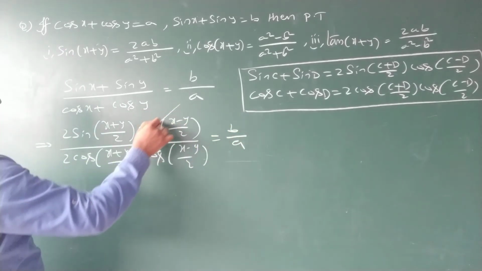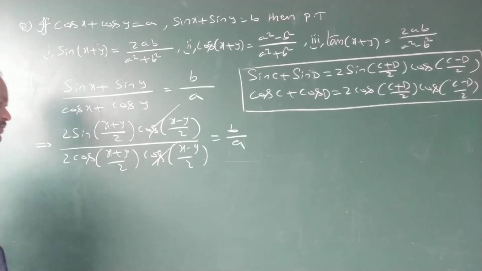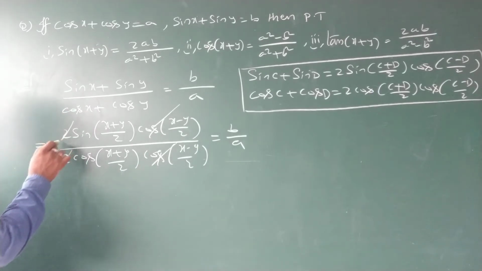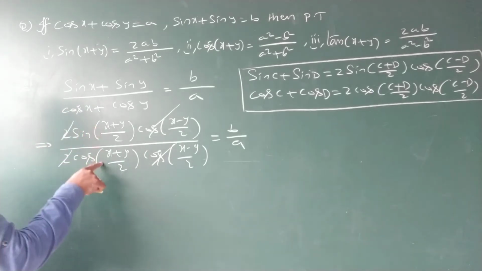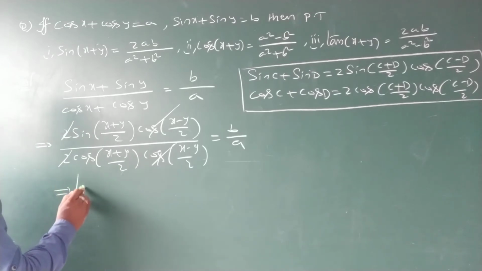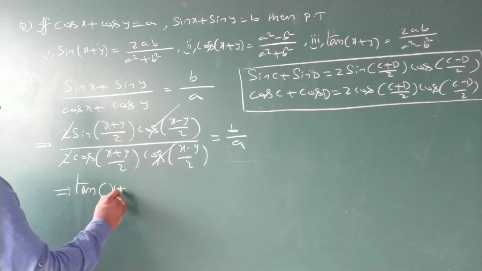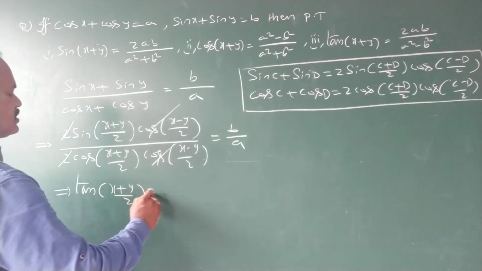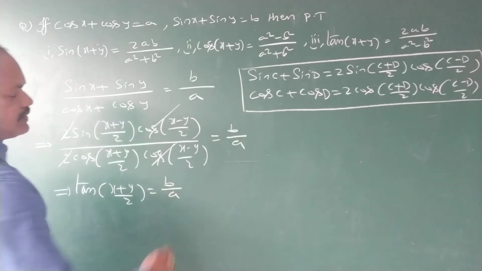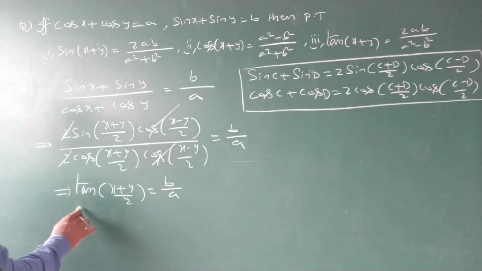Now cos((x minus y) by 2) gets cancelled, and 2 gets cancelled. Now sin by cos is nothing but tan((x plus y) by 2) is equal to b by a. That's all.